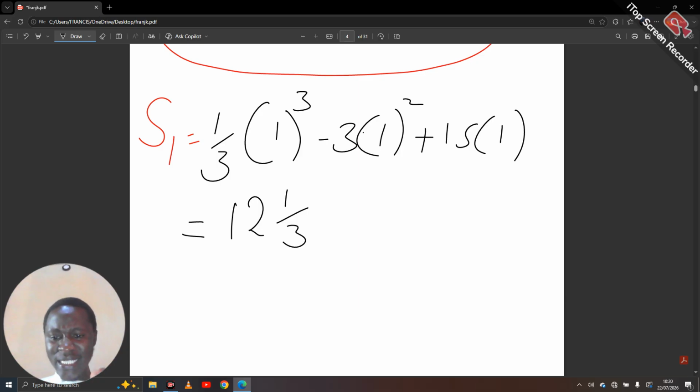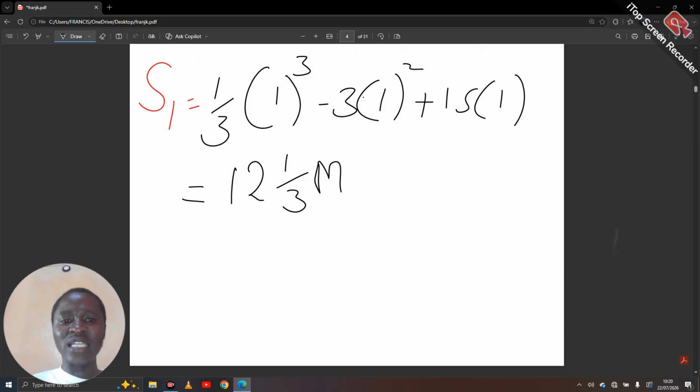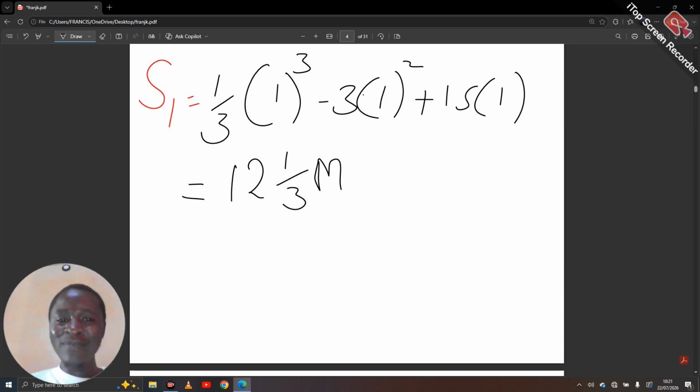At the first, the acceleration was given in meters per second squared. That means that the displacement will be in meters. Now, that one is the first displacement.